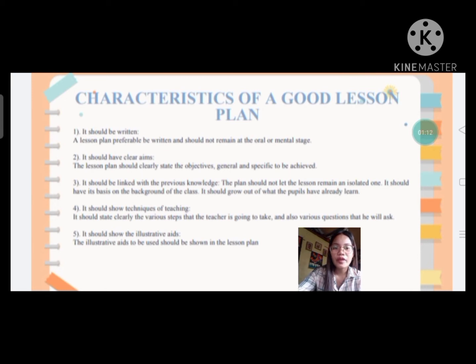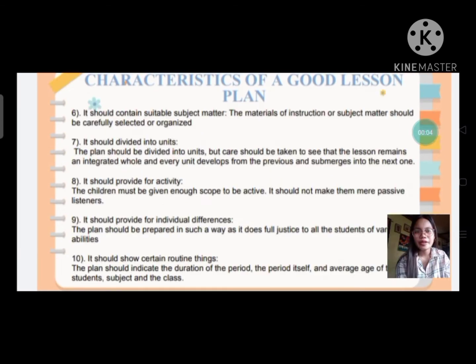Next, number 5, it should show the illustrative aids. The illustrative aids to be used should be shown in the lesson plan, to understand more about the thought or topic. Number 6, it should contain suitable subject matter.